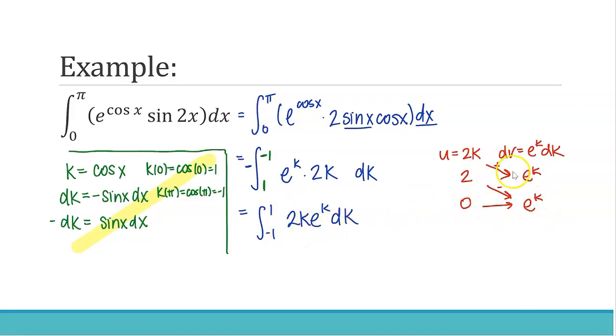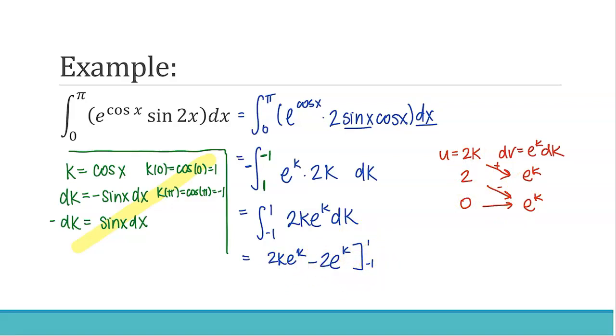So now my answer is the antiderivative 2k e to the k, and then minus 2 e to the k, evaluated from negative 1 to 1. So I did the diagonal, that's just the answer, right? That's the benefit of the tabular method. That's just the antiderivative. But then we're going to have to plug in 1 and negative 1.